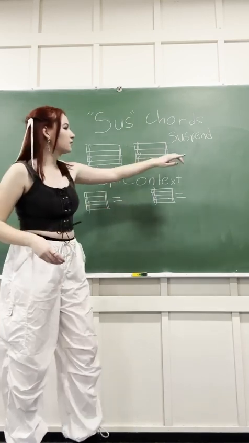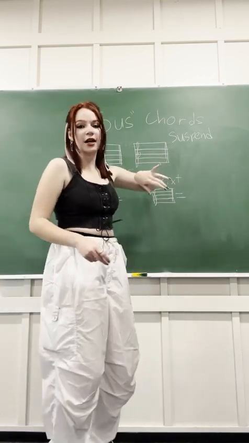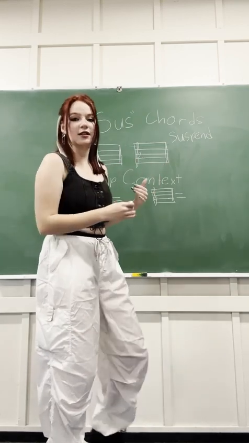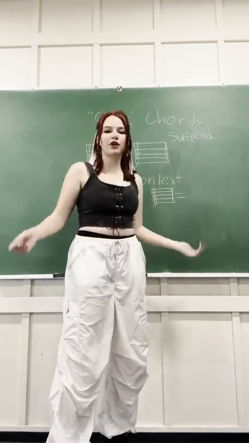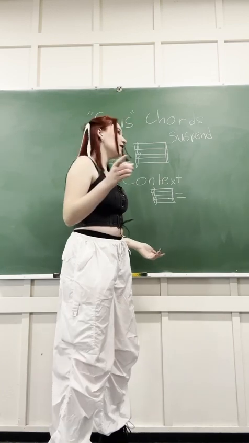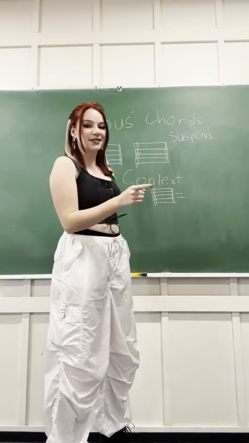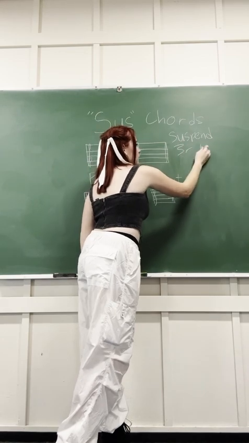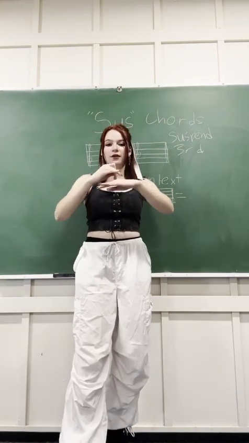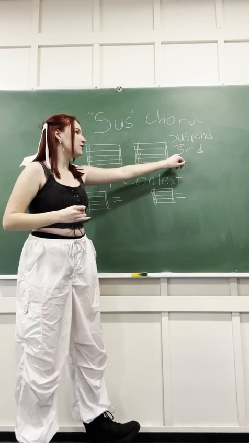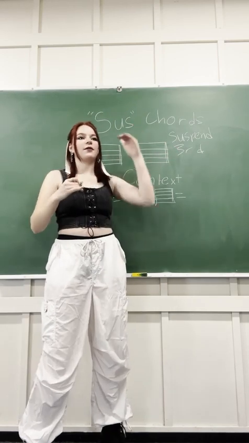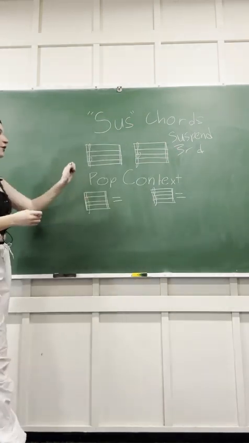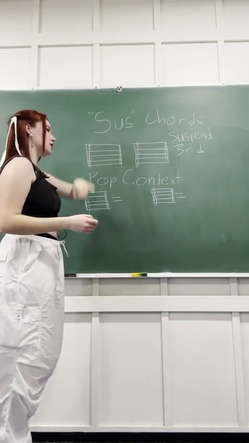So we know that one of the notes of the triad will be suspended before it can resolve down. But which note is it? Well, it is almost always going to be the 3rd. So the 3rd, the middle note of your triad, is going to be suspended either up or down. First, let's focus on resolving the 3rd down.